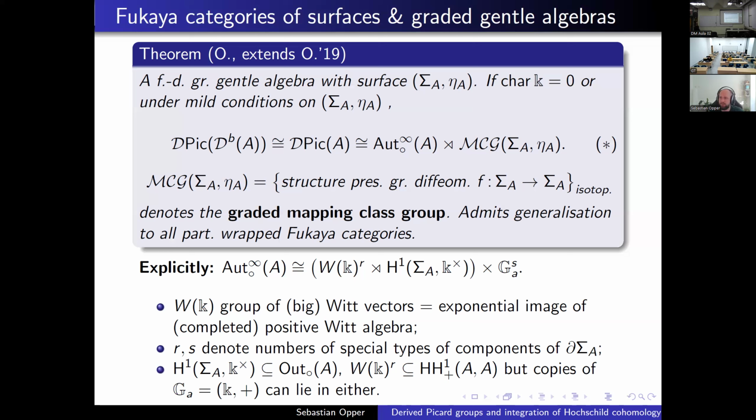So you can take not only things in a derived Picard group, but any autoequivalence of your derived category of the gentle algebra, and see what it does to these indecomposable objects. And that mirrors how curves on the surface are sent to curves on the surface, which is also done by a mapping class.